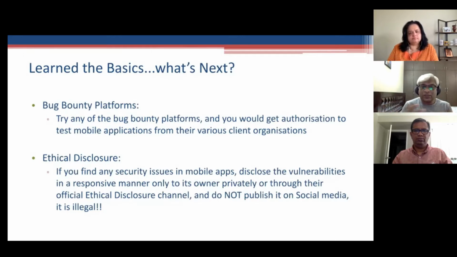Then you give them some time, so that they can go back, work with the development teams and confirm whether it's a vulnerability, and if it is, they would fix it.